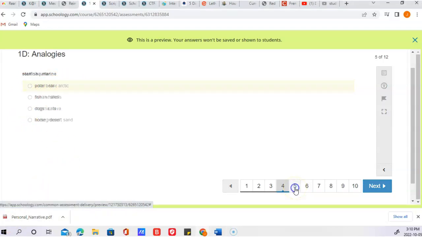Let's look at one more. Rock, aquifer. This is a good one to pick actually to do because this one is really tricky. So rock and aquifer. How can these two words be related? Rock is to aquifer.